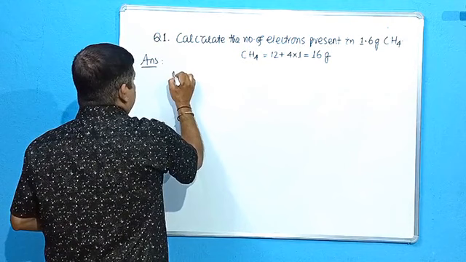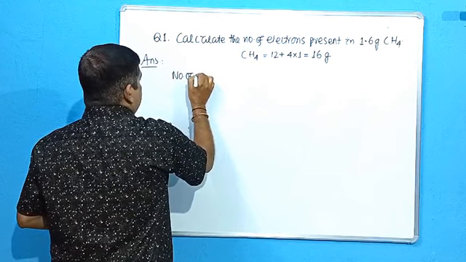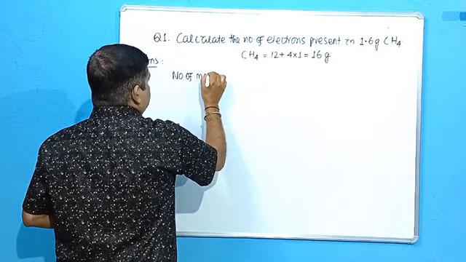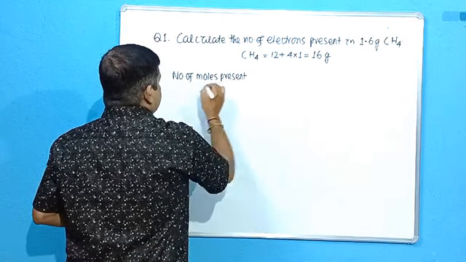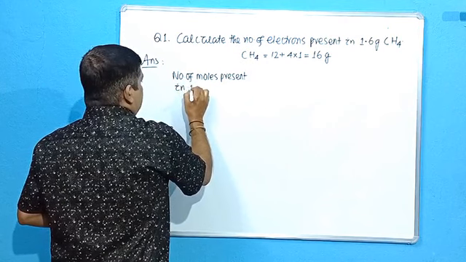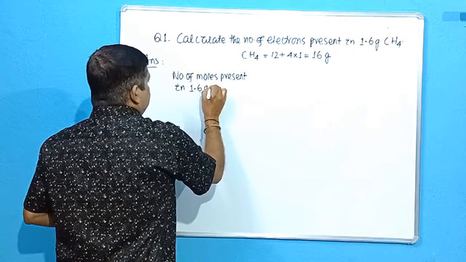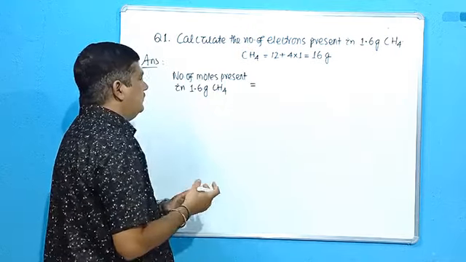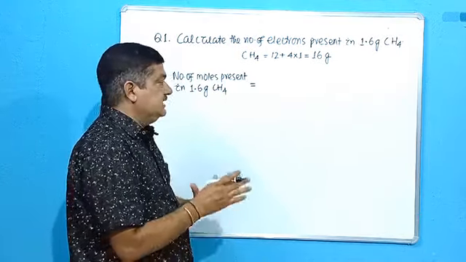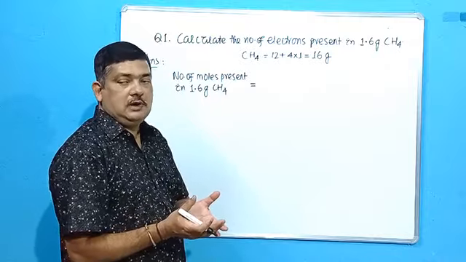Then number of moles present in 1.6 gram methane. How to calculate the number of moles present in any substance? Given mass divided by molar mass.